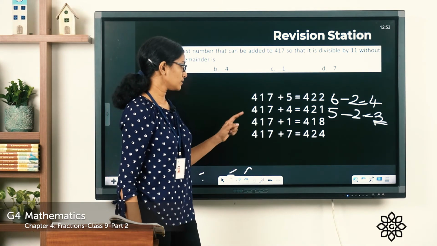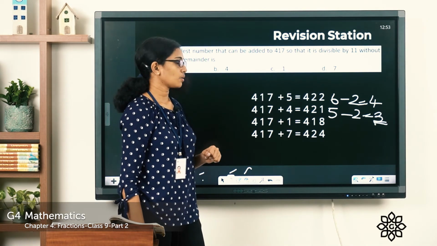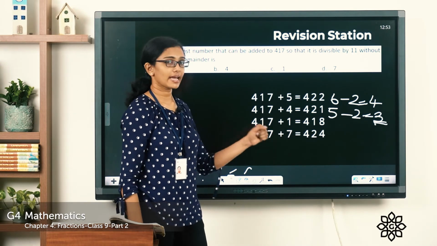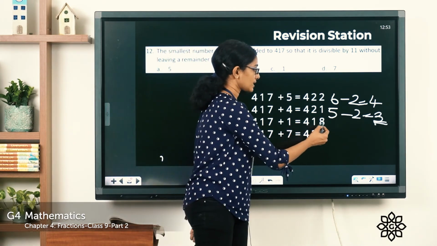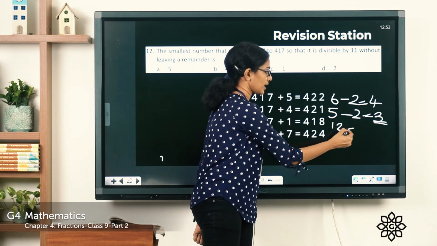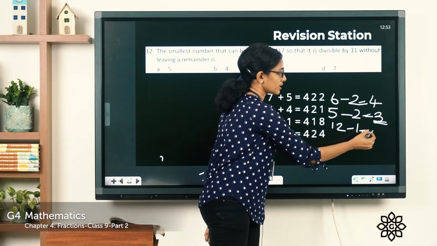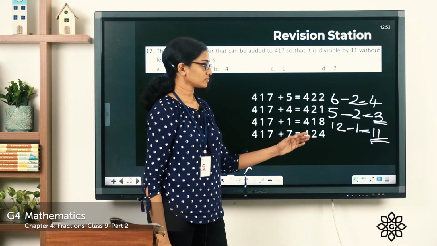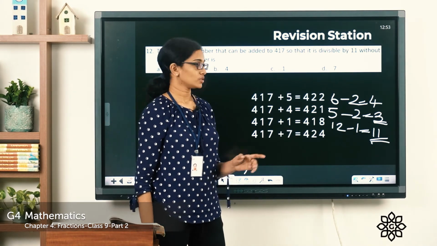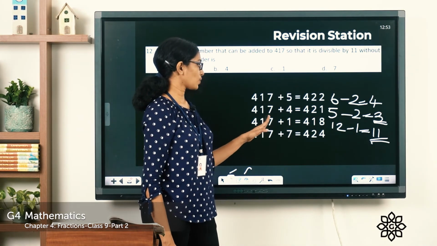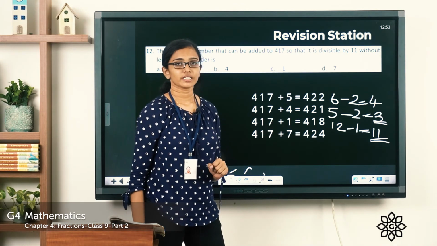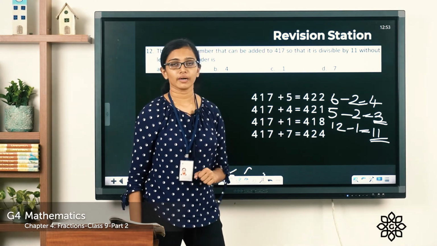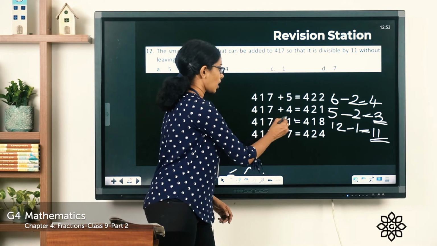So the next option, 417 plus 1, that is equal to 418. 4 plus 8 is equal to 12, minus this 1. Here we get 12 minus 1, 11. The difference is 11. So if you add 1 to this 417, the resulting sum will be divisible by 11. So let's consider this option here.